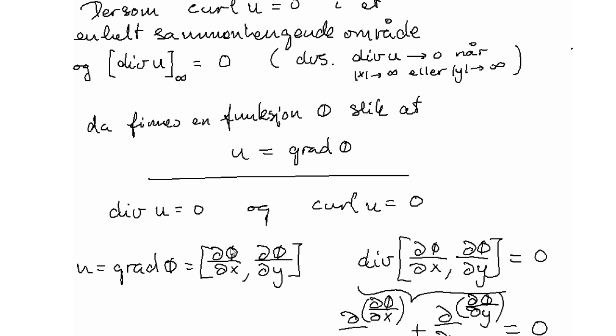And the gradient is, as before, the partial derivative of this phi with respect to x and y in these two components.